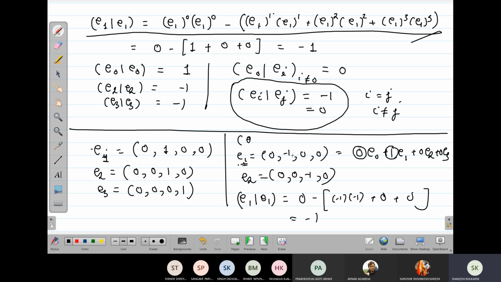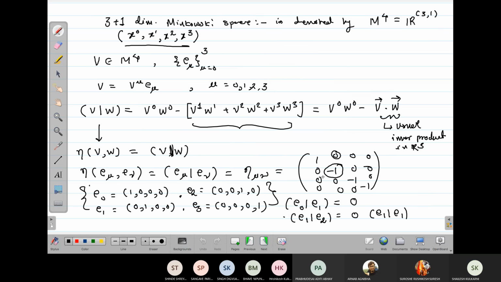So if I define the basis like this, I get -1 for E1 with E1. If I use the previous way, still I am getting -1. Now which one to use? Both are consistent with this, correct?